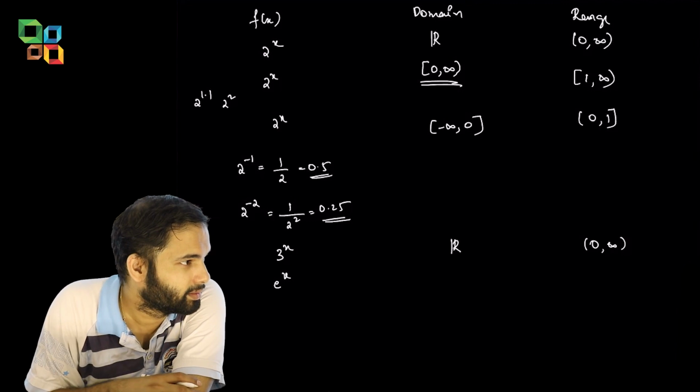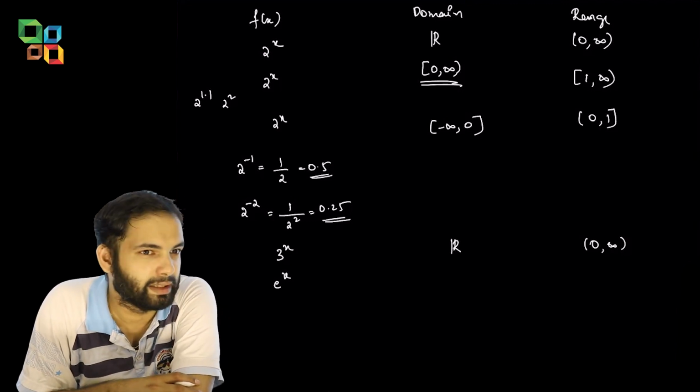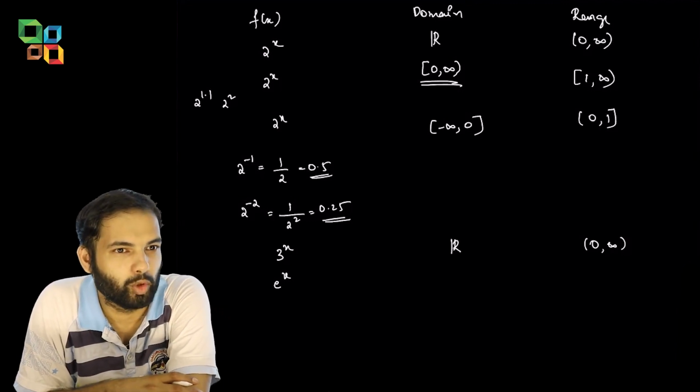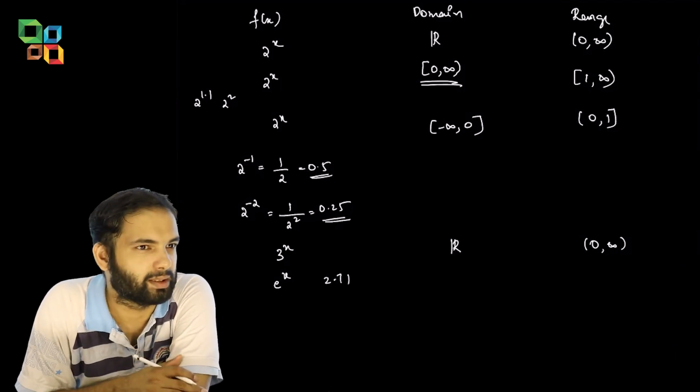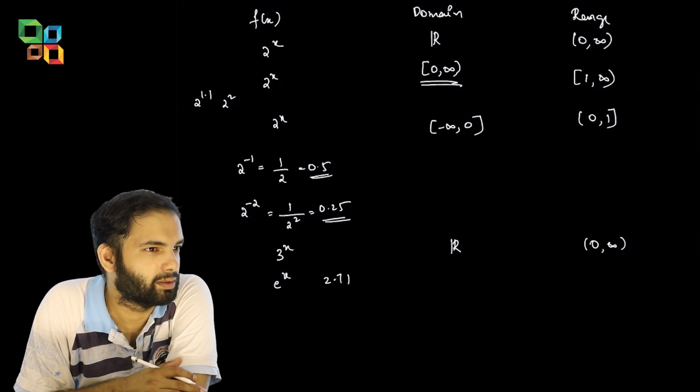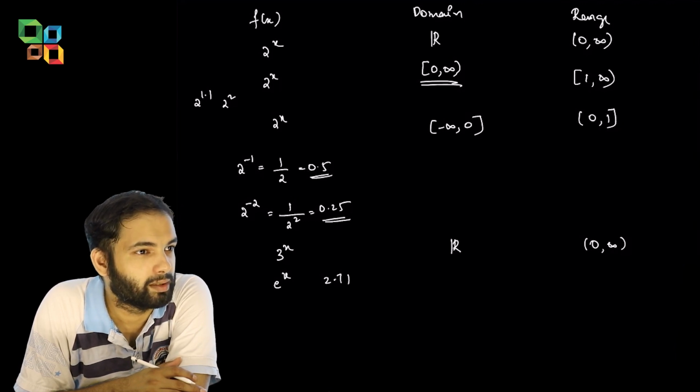Yes, all reals. What is e? 2.71 something, right? It's called Euler's number, right? Any idea how do we get that number?